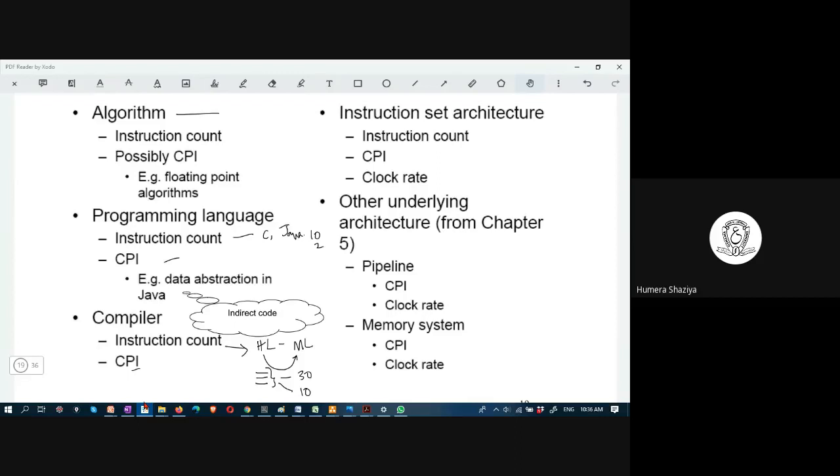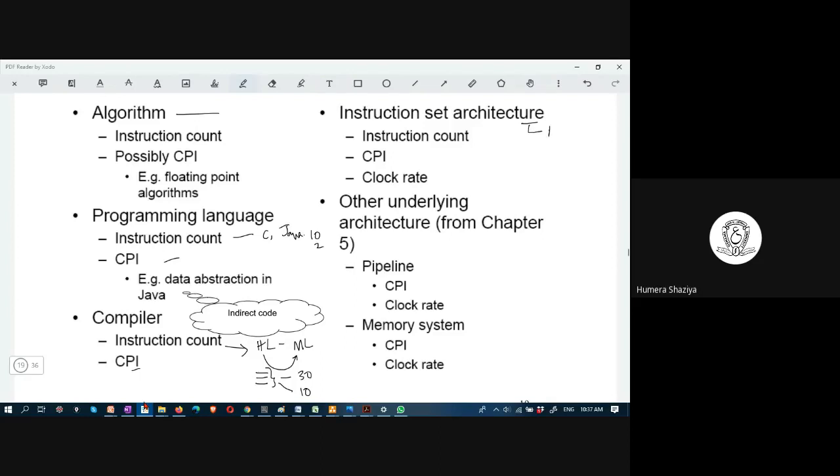Another important point here is instruction set architecture. Which instruction set architecture is used? We learned about RISC and CISC instruction sets. So, which instruction set architecture does the computer belong to?